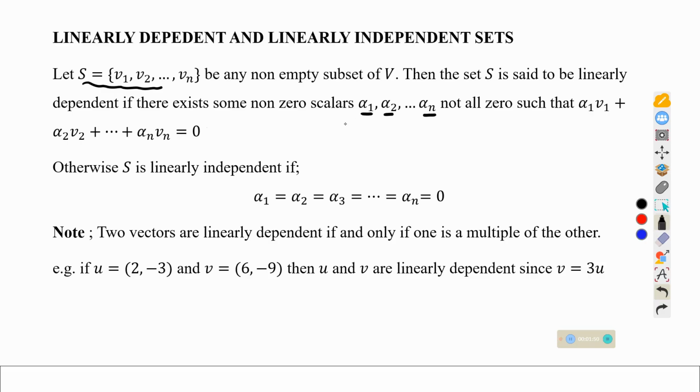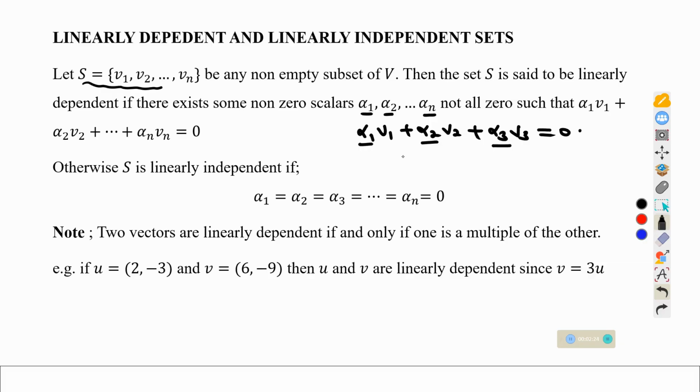In other words, if you have your vectors V1, V2 and V3, for example, and the scalars alpha 1, alpha 2 and alpha 3, and you equate alpha 1 V1 plus alpha 2 V2 plus alpha 3 V3 to 0, then you solve this equation for the values of alpha 1, alpha 2 and alpha 3.